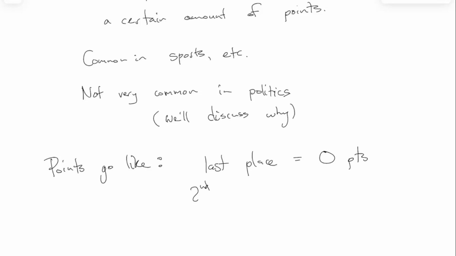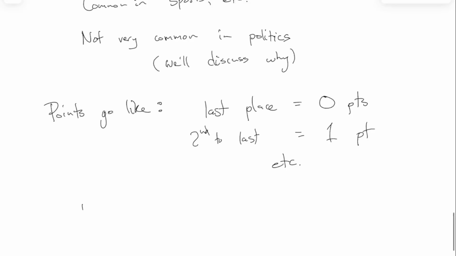Second to last is 1 point, etc. So you just get one more point for each position you are above the last place ranking. There is no bonus for coming in first. Some of these point systems give you an extra point or something like that if you come in first. The standard Borda count does not work like that. So it's just the last place gets no points, the second to last gets 1 point, and so on.